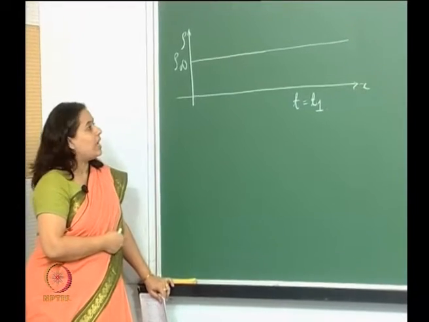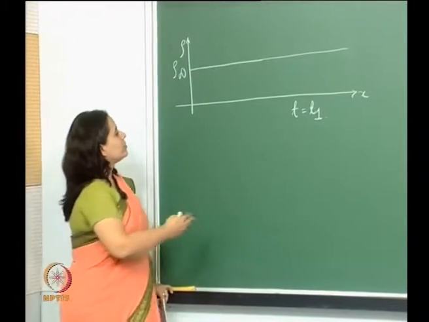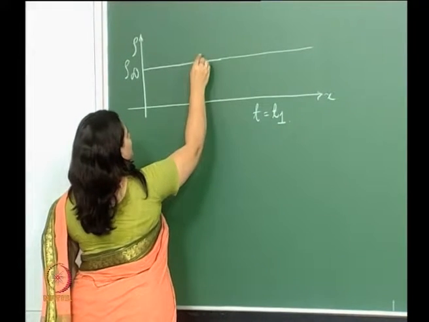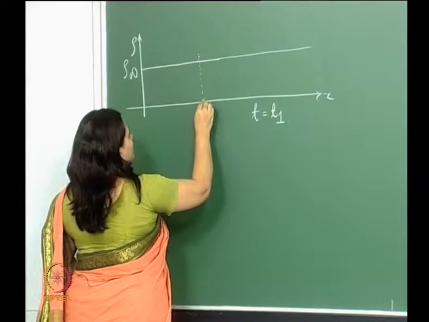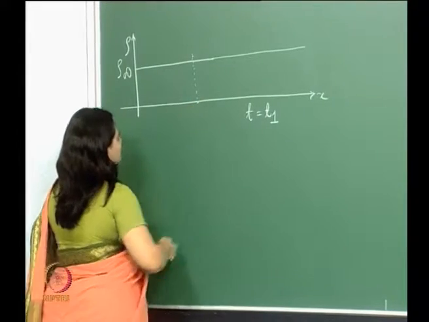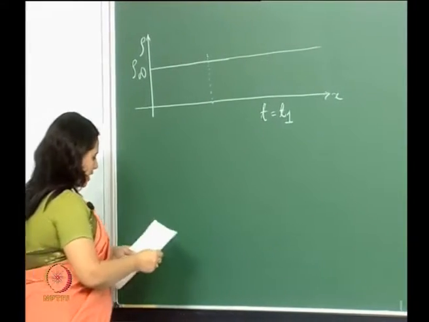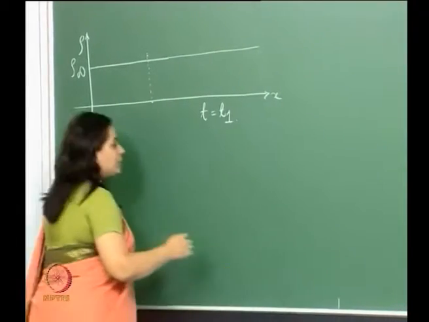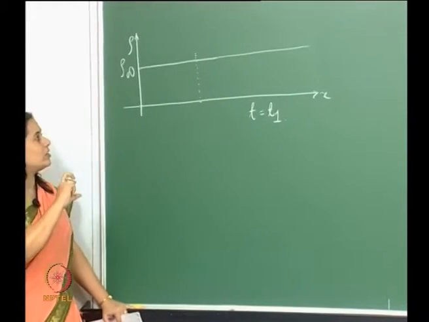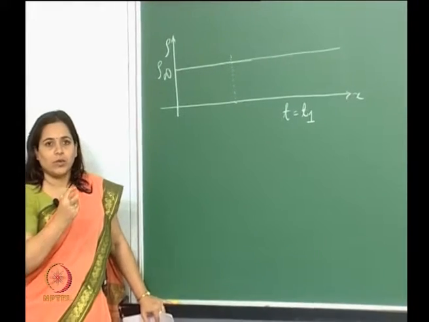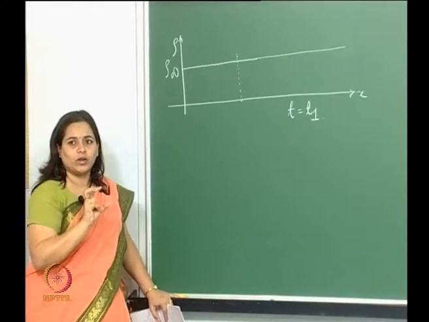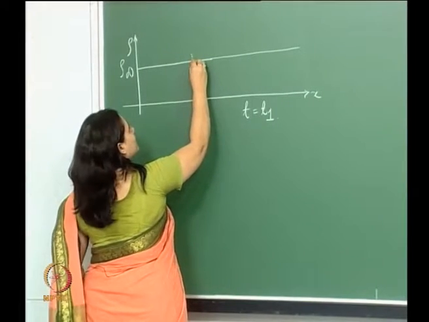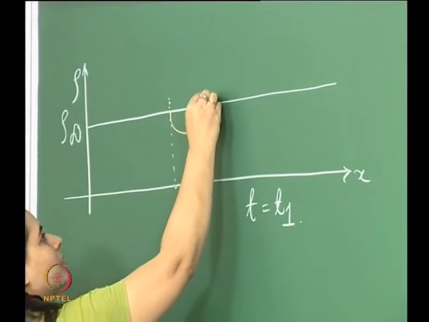Now, what I do is, suddenly at some instant of time, at some point x, I give this ambient a certain disturbance, a small disturbance. So, if I do that, let us say it is something like this.